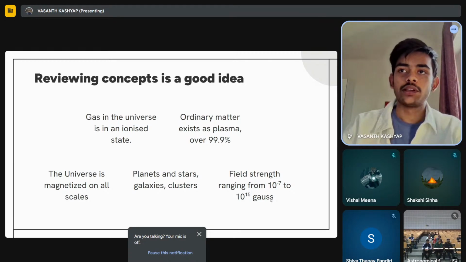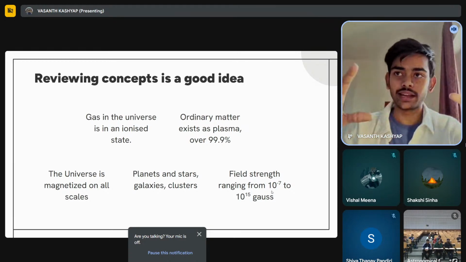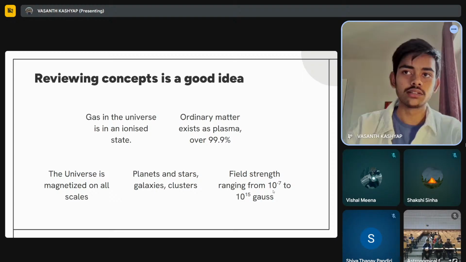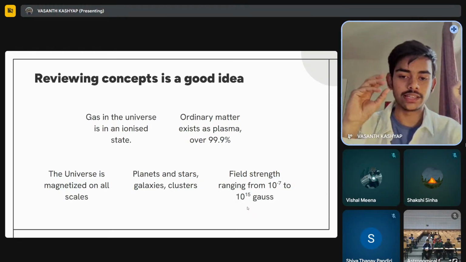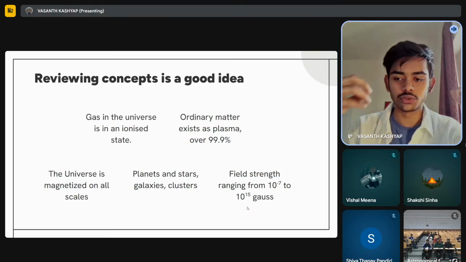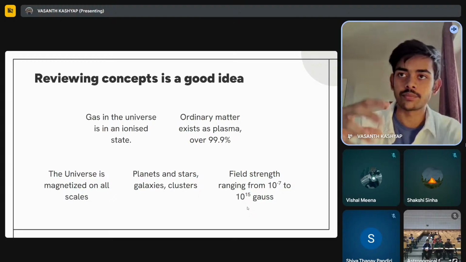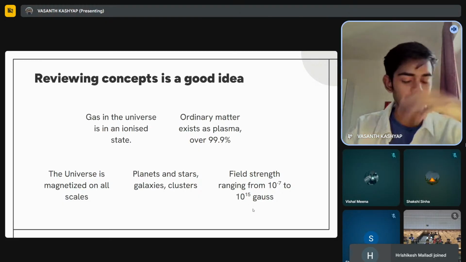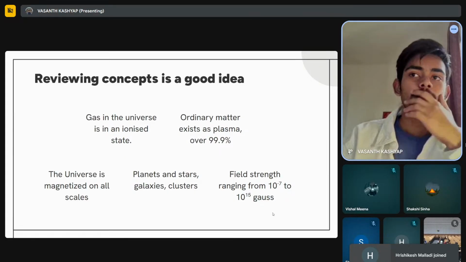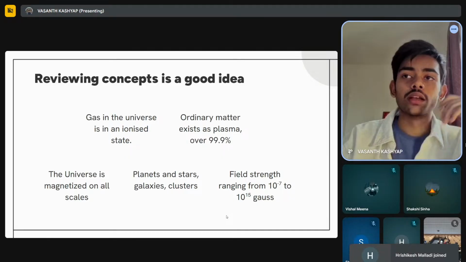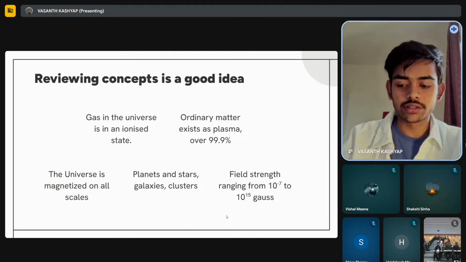Okay. In the galaxies and in between galaxies, it is quite weak. It's on the order of a few microgauss. But if you go to very strong AGNs and blazars and neutron stars and stuff like this, magnetars, you will see magnetic field strengths of the order 10^15, which is many, many orders of magnitude larger, right? So now we know that the universe is magnetized.